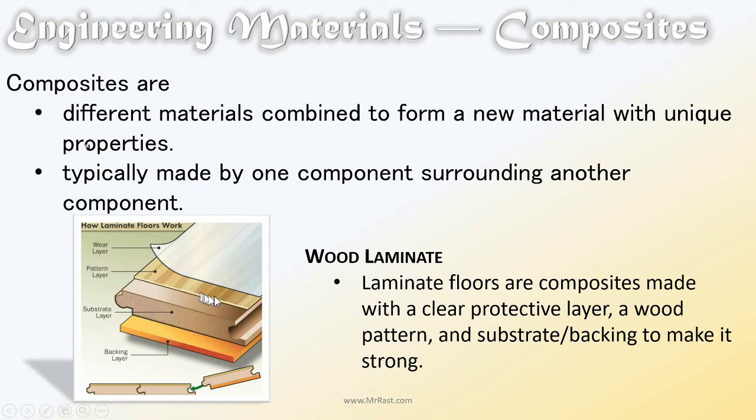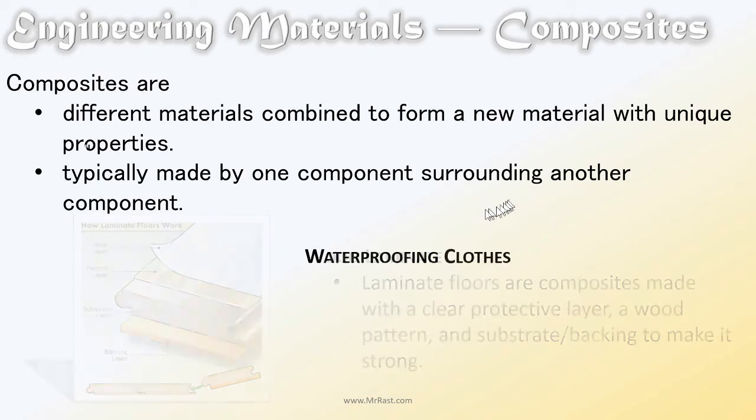So the floors look nice, but it's not this big expensive piece of wood. By doing that, you get a nice strong floor. Also, maybe the wood that you like wouldn't be very strong for a floor. So you can get that pretty look and a strong base for it as well, and then you protect it with something nice and clear. When you're adding multiple pieces together, that's what a composite is.